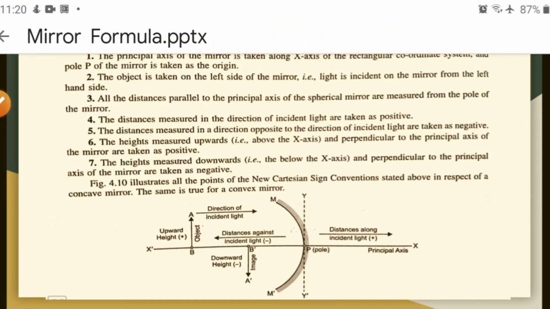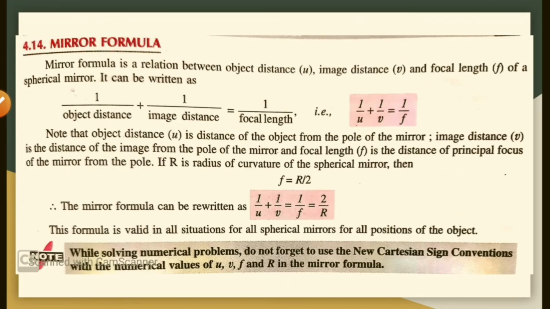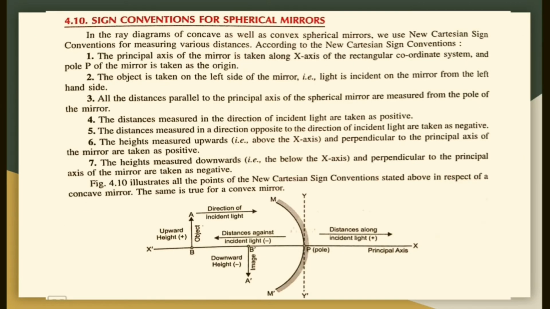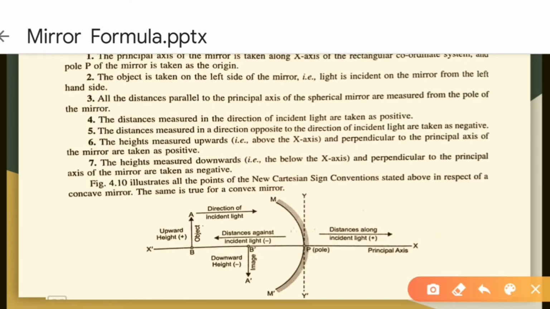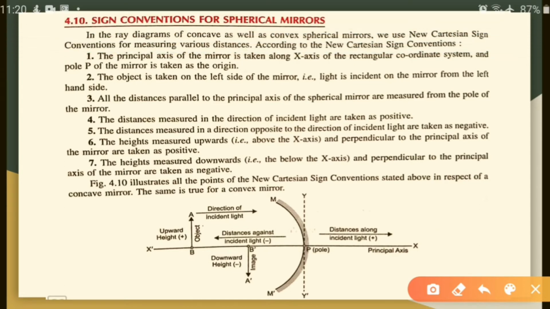And what will be the sign of u, v and f for a convex mirror? As you know, according to sign convention, the object is always taken in front of the mirror, or left of the mirror, for concave and convex both.